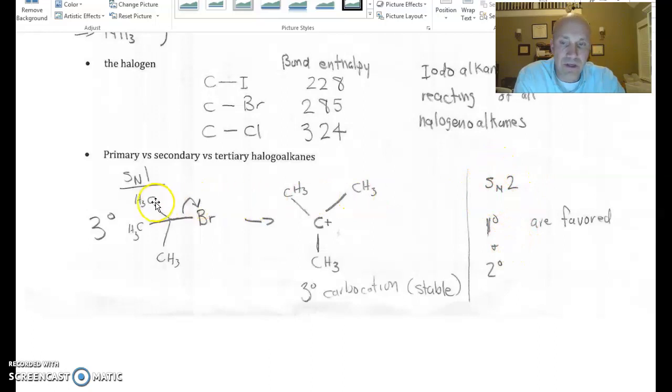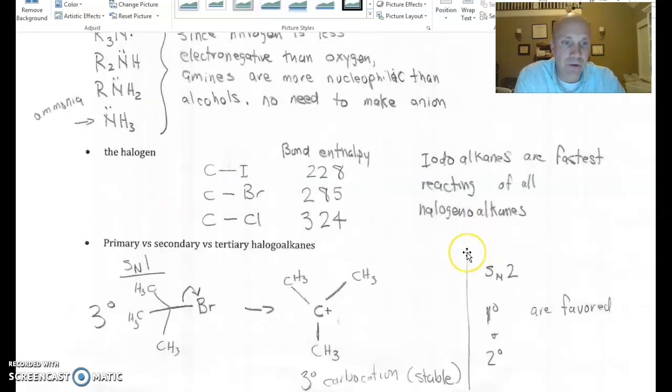The reason for that is, let's say, for example, this and this, instead of being methyl groups, were hydrogens. In order for the SN1 reaction to occur, that would involve creating a primary carbocation, and those aren't stable, so they wouldn't exist, so we couldn't have that mechanism.